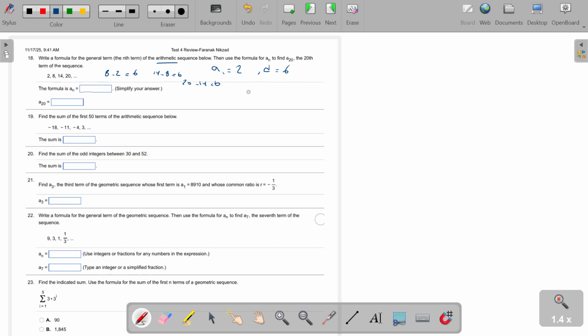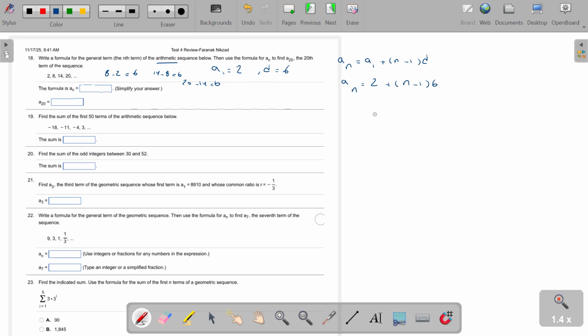Now we're going to write the n-th term formula, or the general term, which should be an equals a1 plus n minus 1 times d. As we know, for the general term, we're not going to touch the n. We're just going to replace a1, which is 2, and d, which is 6.